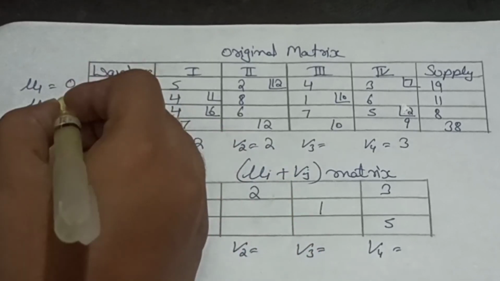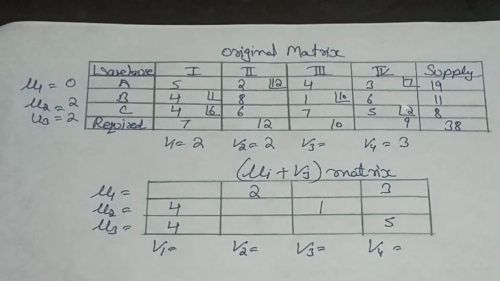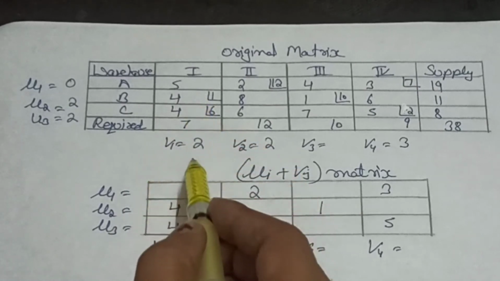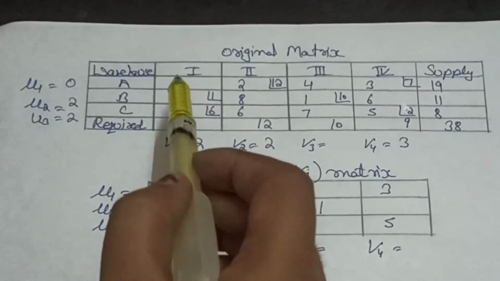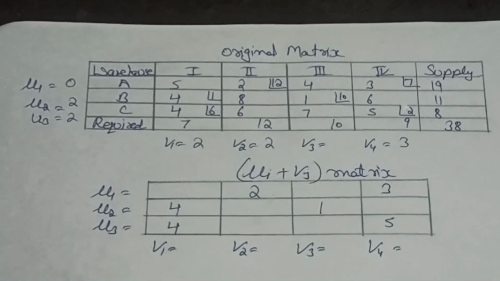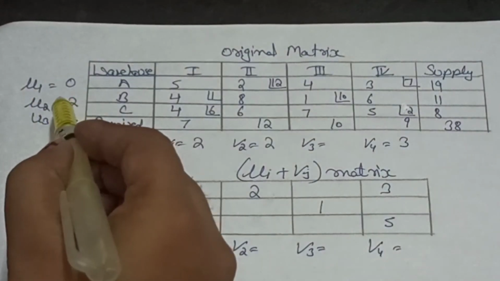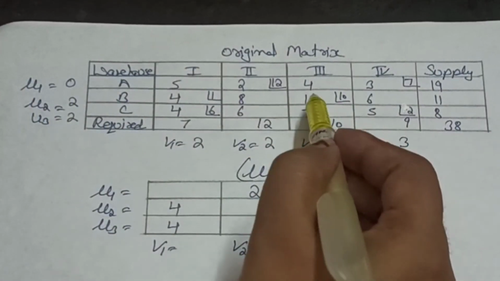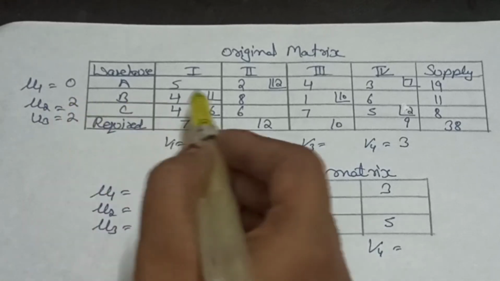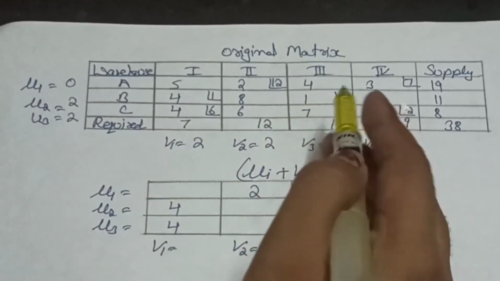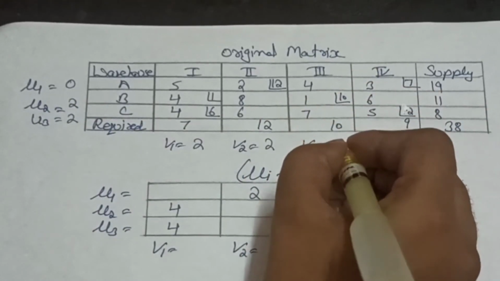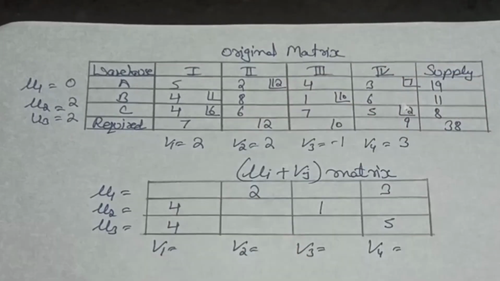So we can say u2 is equal to 2, because 2 plus 2 is equal to 4. u2 plus v3 is equal to 1. So we can say 2 plus v3 is equal to 1, means v3 is 1 minus 2, equal to -1.